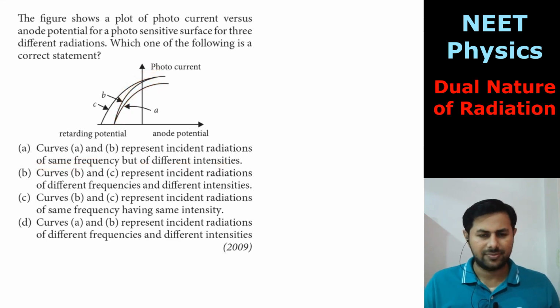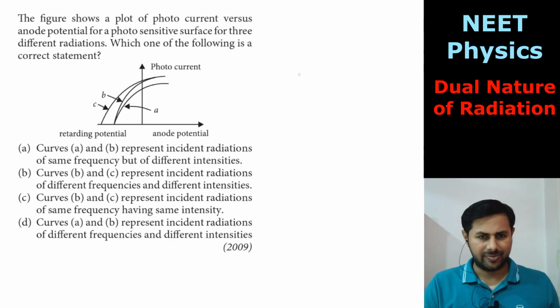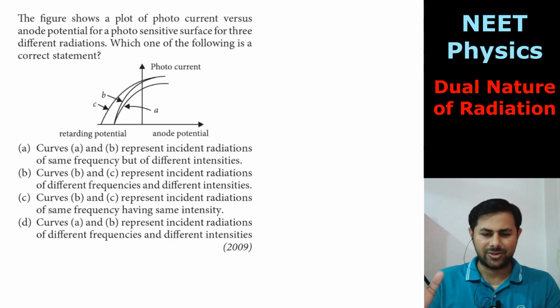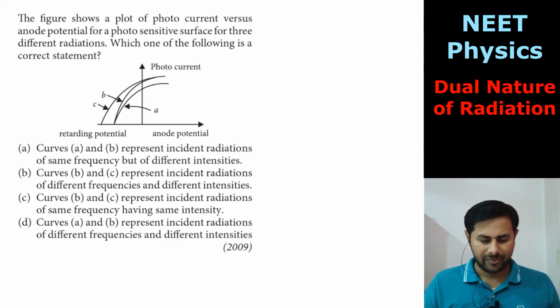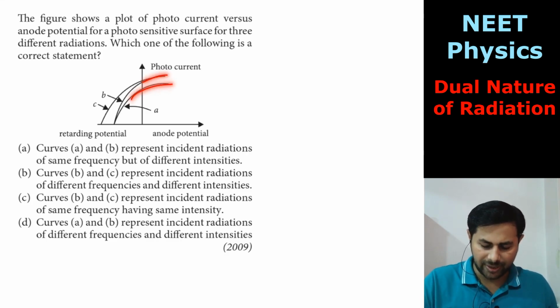Is this one correct? That is correct. Stopping potential is same means frequency is same. You need same potentials to stop the electrons. That means frequency of the light is same. So then their intensity is different.